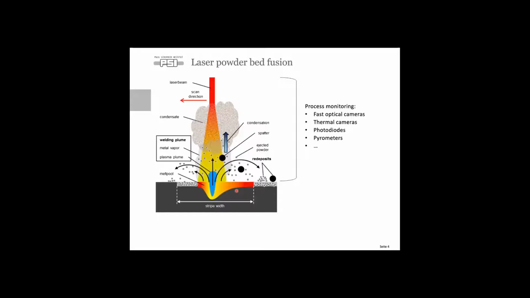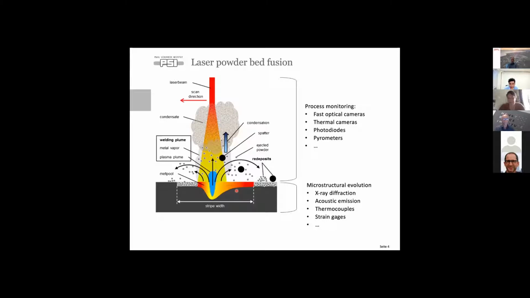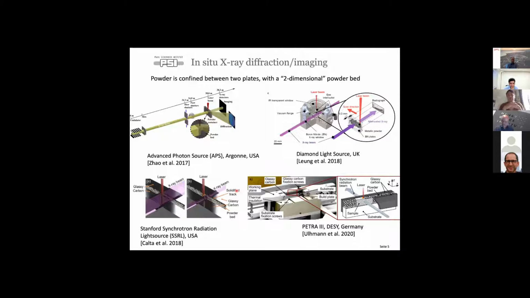We want to know how the microstructure is evolving while we are printing. This we can do by X-ray diffraction, and this is what I will show you today. But there are also other methods like acoustic emission, or one can use thermocouples or strain gauges to follow what is happening inside our material.